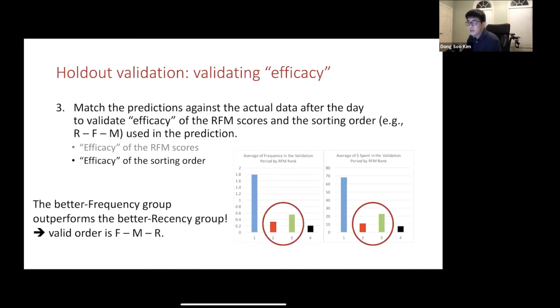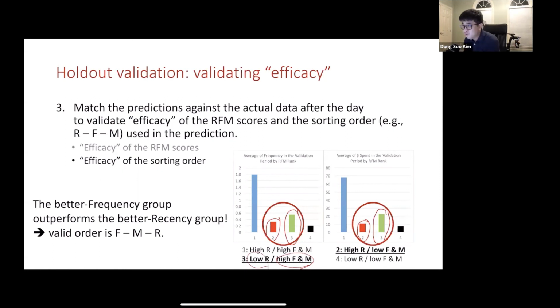However, the data doesn't support the prediction. The customers in rank 3 purchased more and spent more than those in rank 2 in the validation period. And rank 3 means high frequency and high monetary value scores, but low recency score.